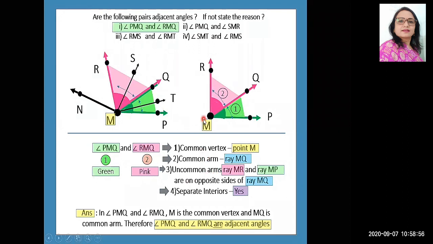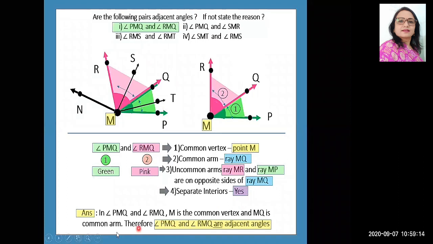Uncommon arms, ray MR and ray MP, are opposite on side MQ. And they have separate interiors.